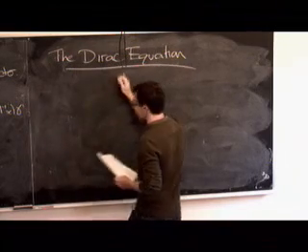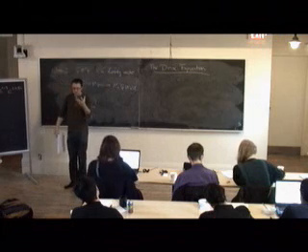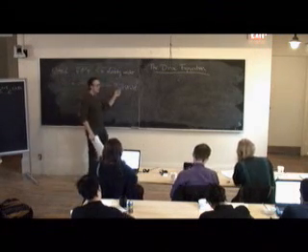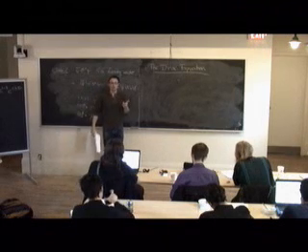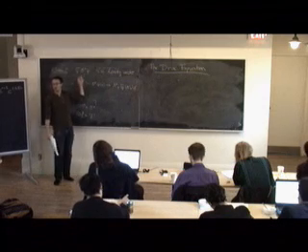So the Dirac equation. We want to write down a Lagrangian which is a Lorentz scalar. And we've now constructed a Lorentz scalar, psi bar psi, and a Lorentz vector, which is psi bar with a gamma stuck in the middle there, that we can play with.